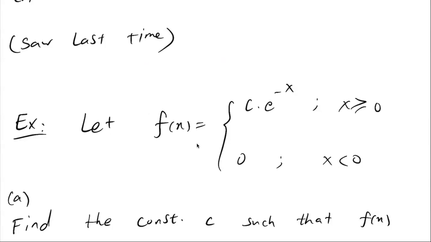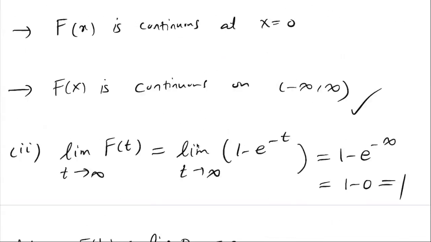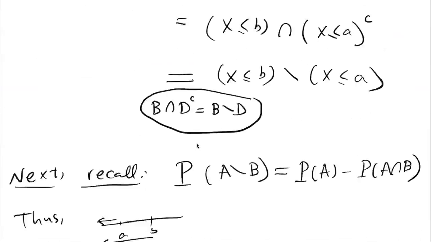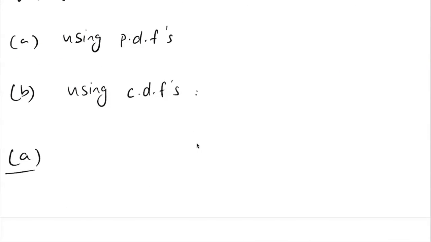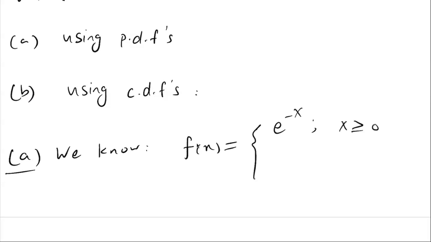So let me write this formula one more time. So we know f of X equals e to the power minus X for X bigger than 0, and 0 for X less than 0.